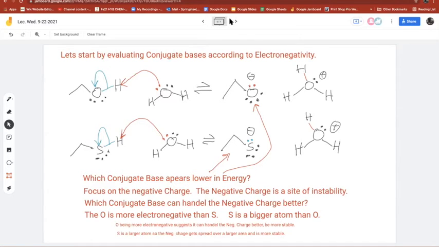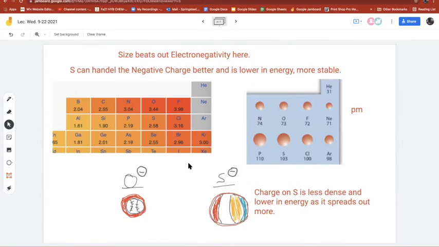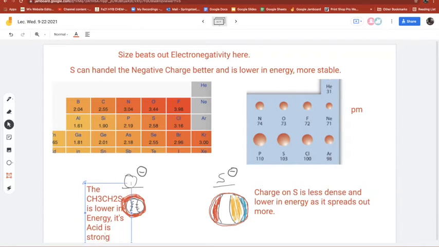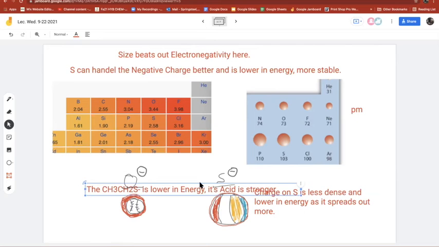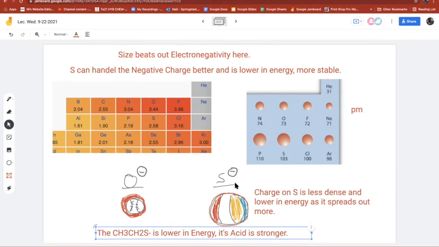Since the CH3CH2S minus is lower in energy, its conjugate acid is stronger. You can think of it as once the acid becomes the sulfide, then the sulfide's low in energy. It doesn't want to go back to being the acid as much.